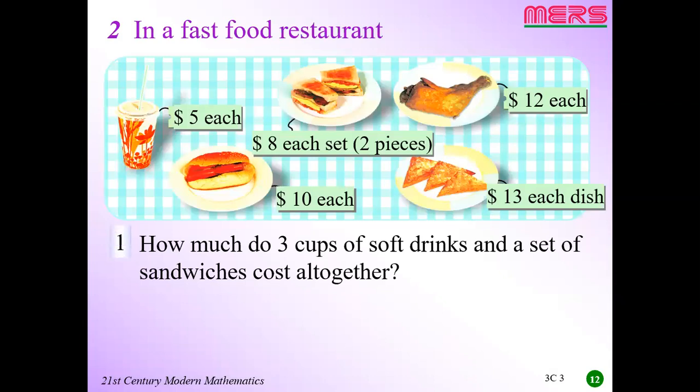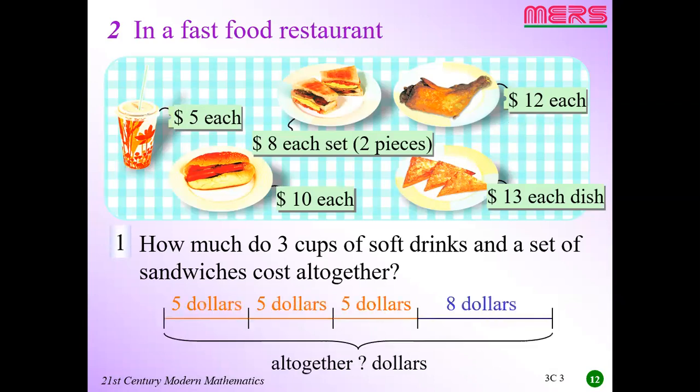Part 2, in a fast food restaurant. Be careful, let's look at the picture here. You will see the price tag for each fast food. Question number 1. How much do 3 cups of soft drinks and a set of sandwiches cost altogether? You can see the diagram here.